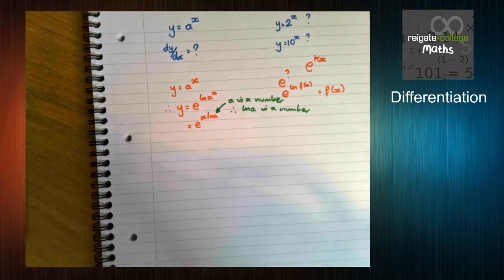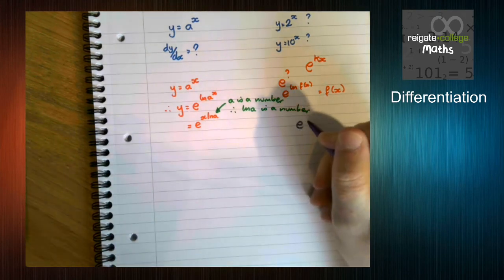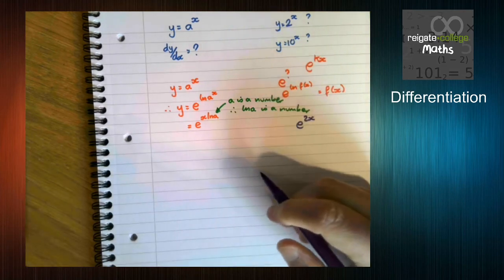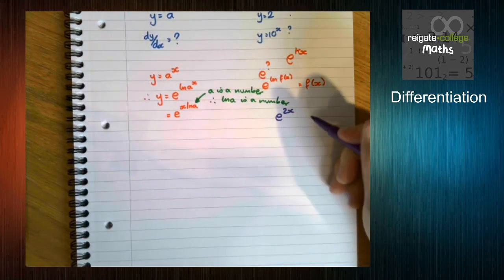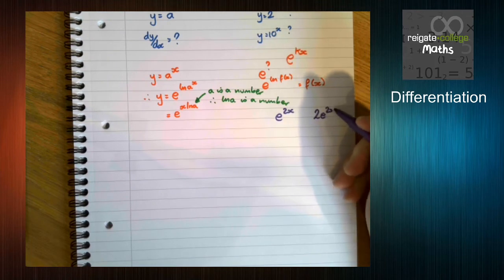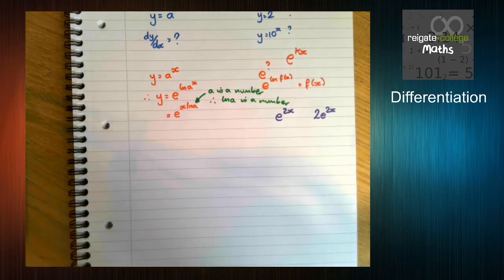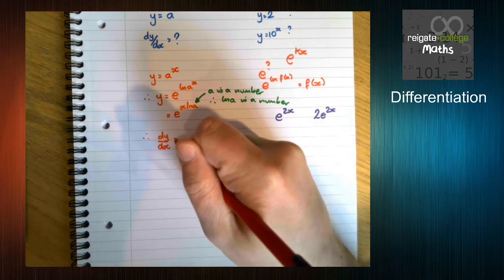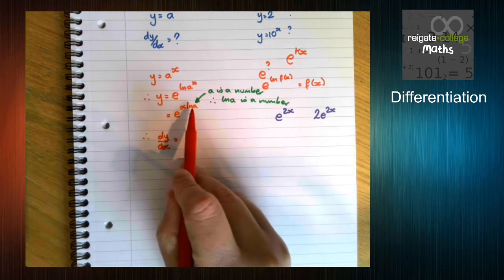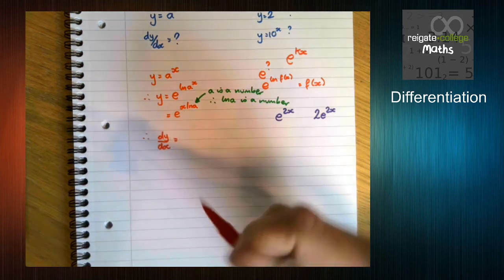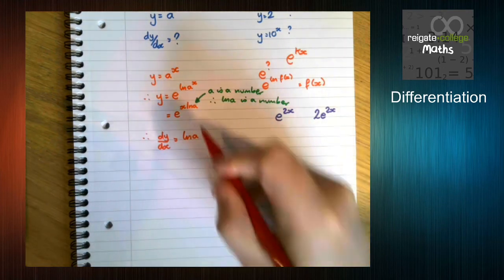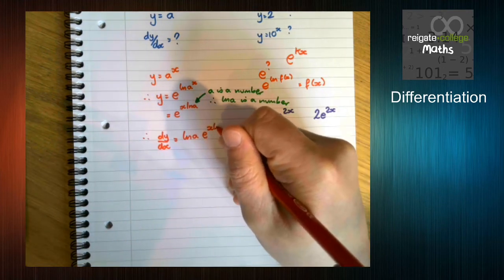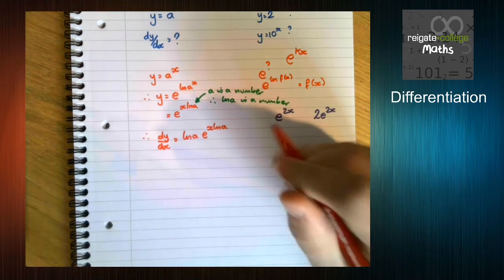So if we think about the e to the 2x we had in the previous example, that differentiated to 2e to the 2x. This is going to behave exactly the same way. We're just replacing the 2 with ln a. So we have x times a number. The number sticks on the front. The rest of it all behaves as normal.